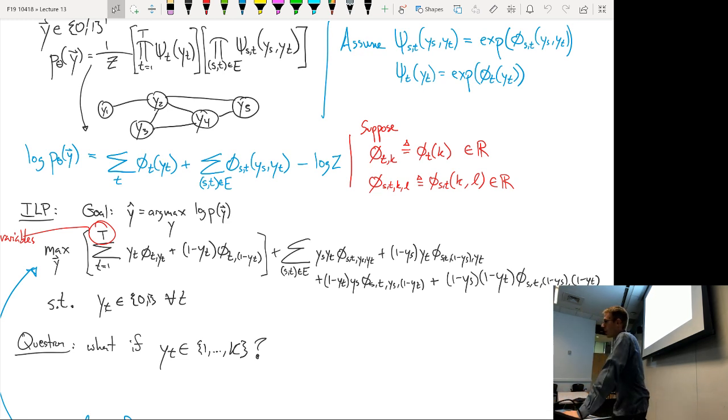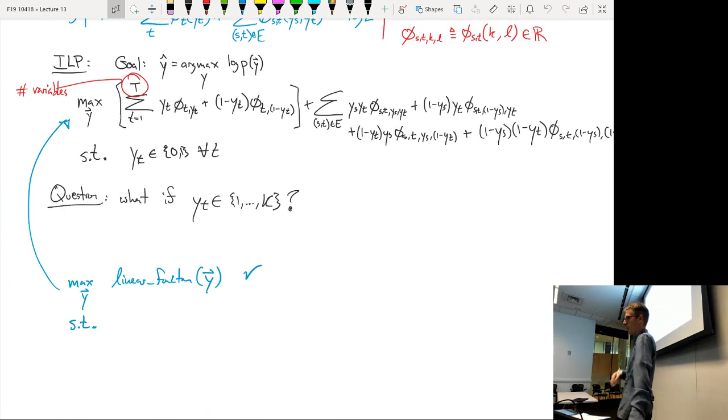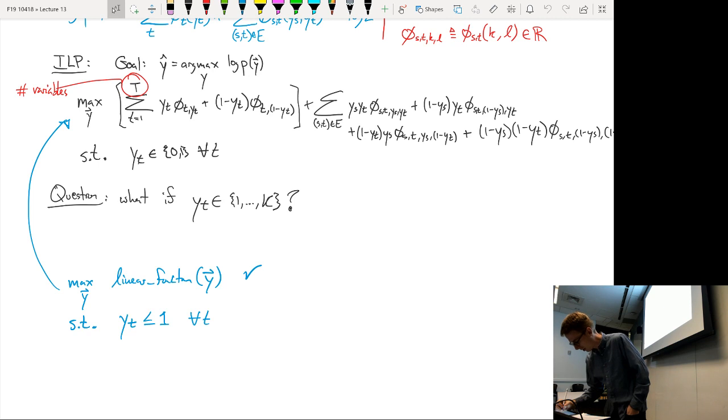Now, what we need is constraints of the form Ax less than or equal to b. Okay, so to get those, we could just say yt is less than or equal to 1 for all t. We could write that down in matrix vector form as the identity matrix times the vector y is less than or equal to the vector of all ones.